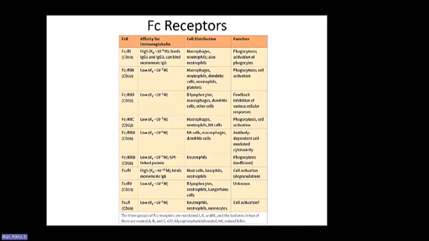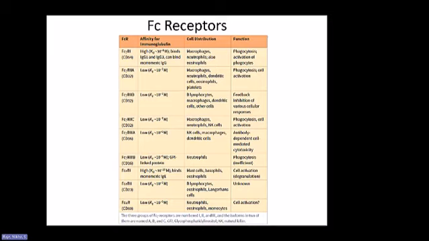For example, CD16 is important for antibody-dependent cellular cytotoxicity with the help of NK cells. So that's Fc gamma R3A. There's also R2B that's important, CD32, which is the inhibitory Fc receptor that provides feedback inhibition for B cells. As you see, it's on other cells as well, but it provides negative feedback.